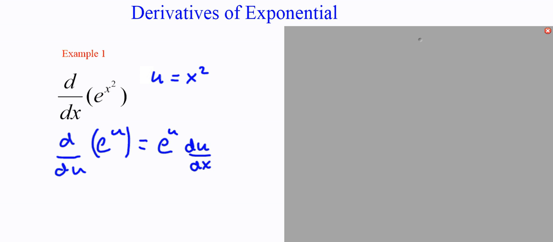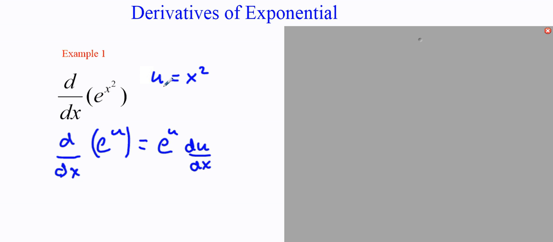So the derivative of e to the u with respect to u is e to the u, and the derivative of u with respect to x is du dx.